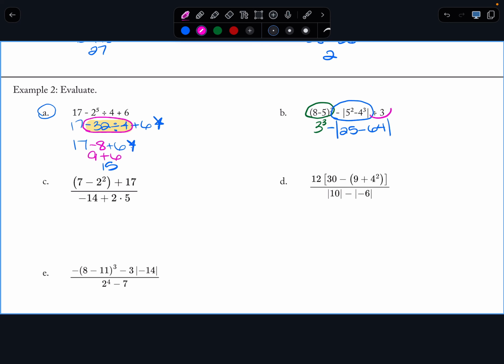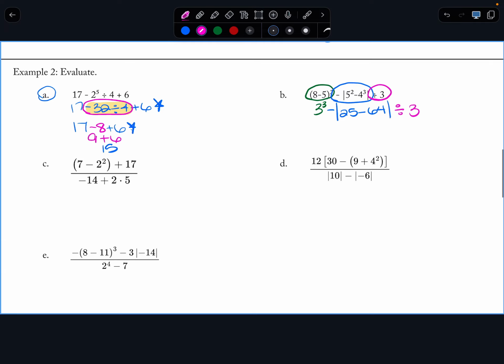And then I have divided by 3. So I still have 3 cubed. And then I have minus the absolute value, 25 minus 64 is negative 39.